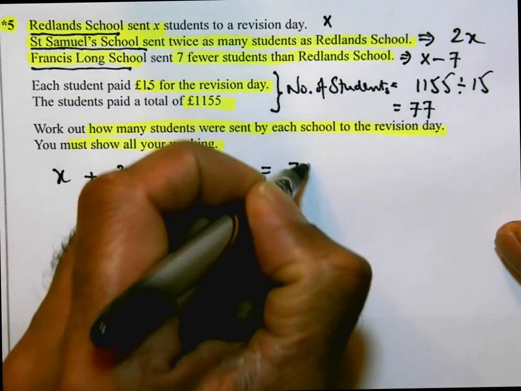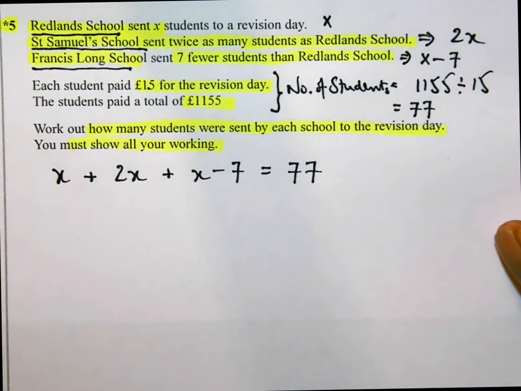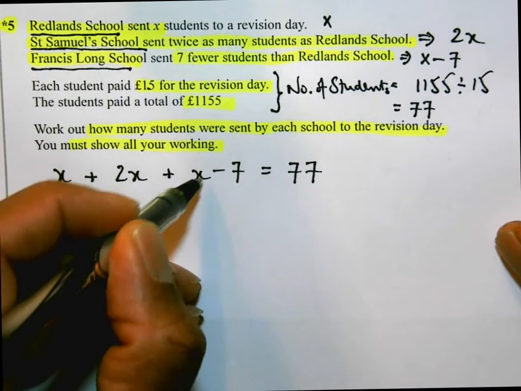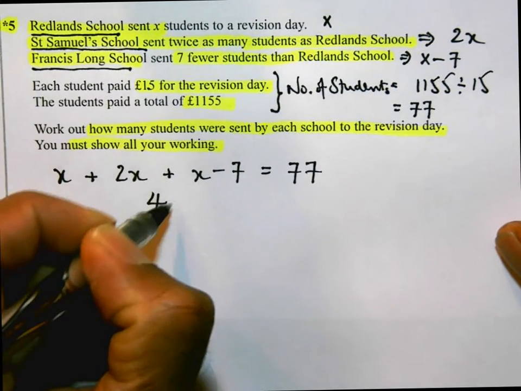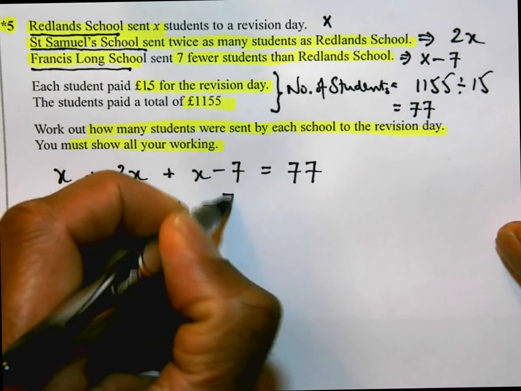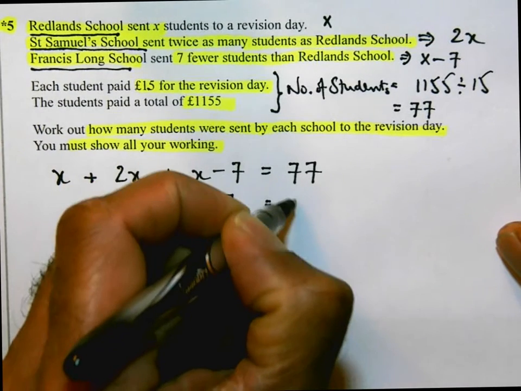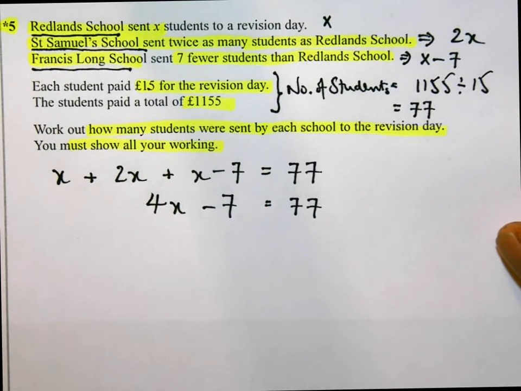But we also know the total was 77. So here I've formed my equation. X plus 2X is 3X, plus another X is 4X, minus 7. That's the left-hand side simplified, equal to 77.